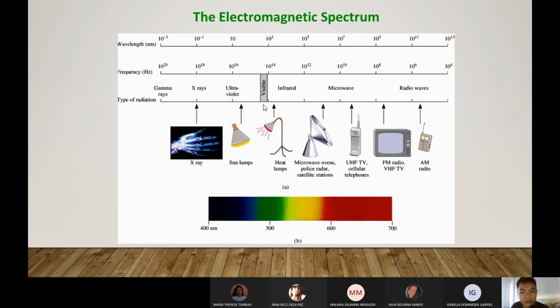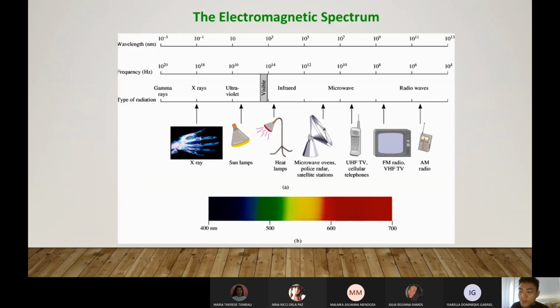So, ito yung nakikita natin. Okay. So, ibig sabihin yung nakikita natin, this is just a tiny portion of light, no? Pag sinabi kasi natin light, ito yung naiisip natin eh. Pero light can also exist in other forms. Okay? So, yan. For spectroscopy, we will choose visible and sometimes ultraviolet light to measure our substances.